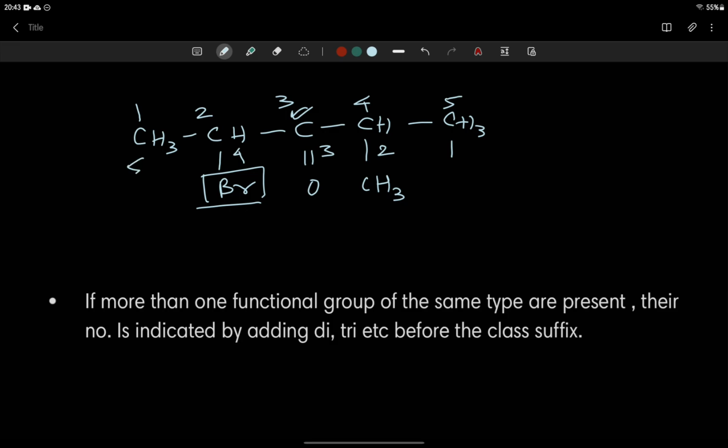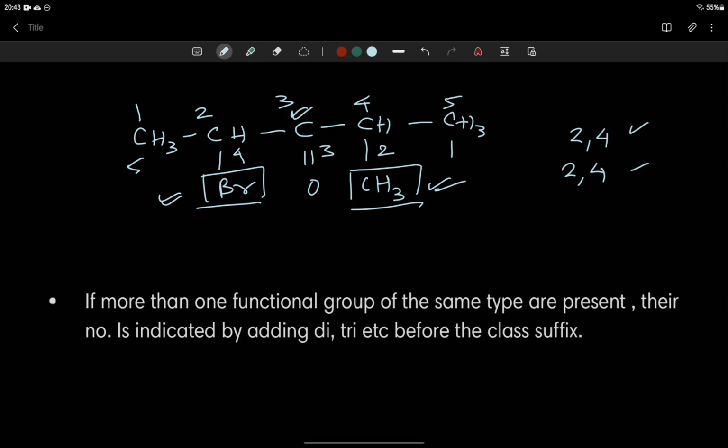Here we have 2 substituents attached, right, one is the Br group and one is the methyl group. So we have to choose that numbering where the substituents get the lowest possible number. In both the cases I think the numbering is the same, so we can take it from anywhere, right. Now there are 2 substituents, bromine and the methyl group, so we will write them alphabetically.